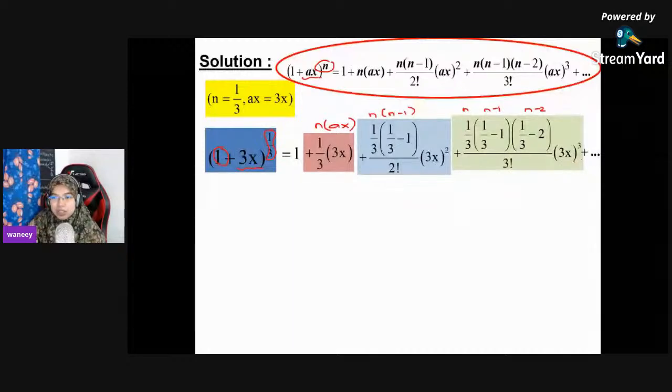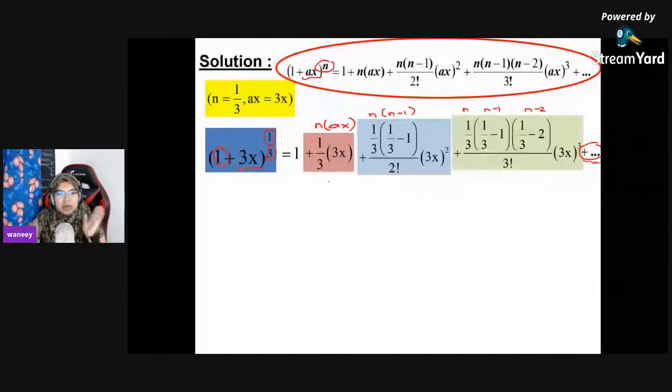So we should always have this plus dot dot dot because this expansion keeps on going until x to the power of 4, x to the power of 5 and so on. So we should always write down plus dot dot dot. So do make sure to write this in your calculation.